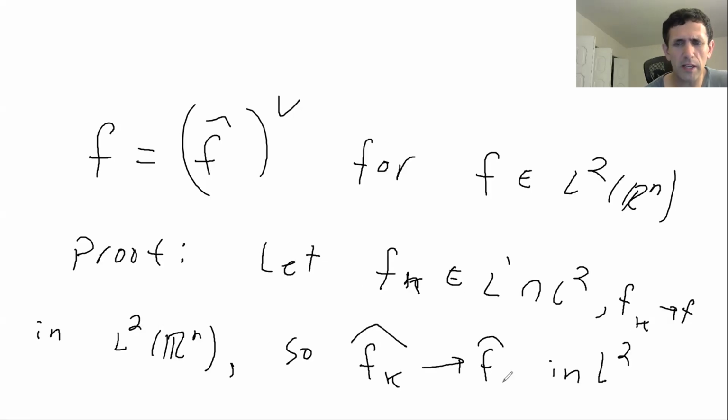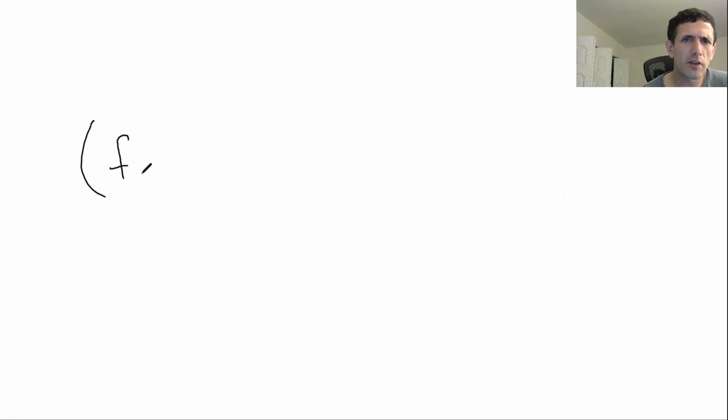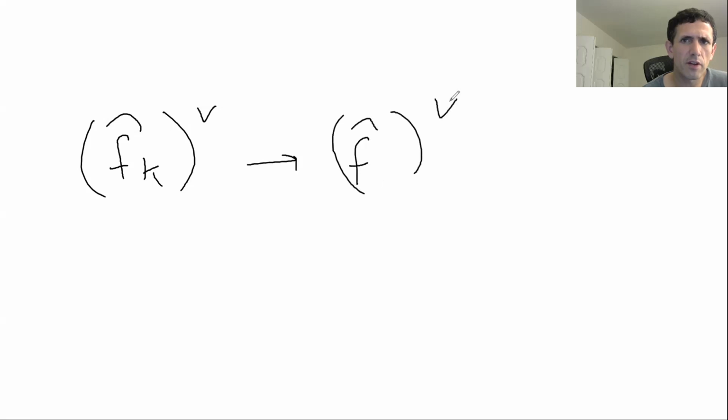And that means, so go back here. So we have a perfectly well-defined L2 function. We can apply the inverse Fourier transform. And we know that's an isometry, so it's certainly bounded on L2. So we know from this that this converges to f hat inverse hat.